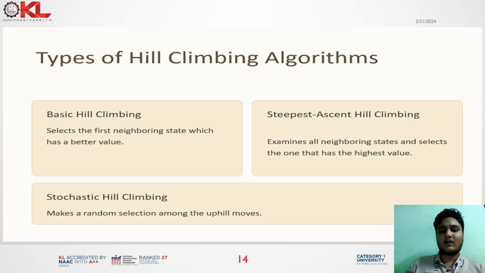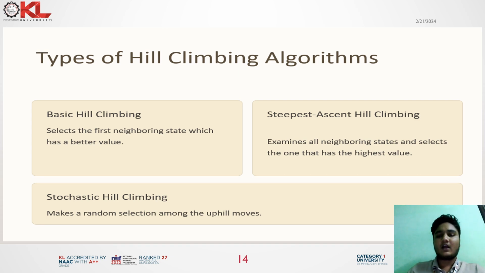Types of hill climbing algorithms. There are three types: basic hill climbing, steepest ascent hill climbing, and stochastic hill climbing. For this basic overview we can go with the basic hill climbing algorithm. We can neglect steepest ascent and stochastic hill climbing because they are more advanced.